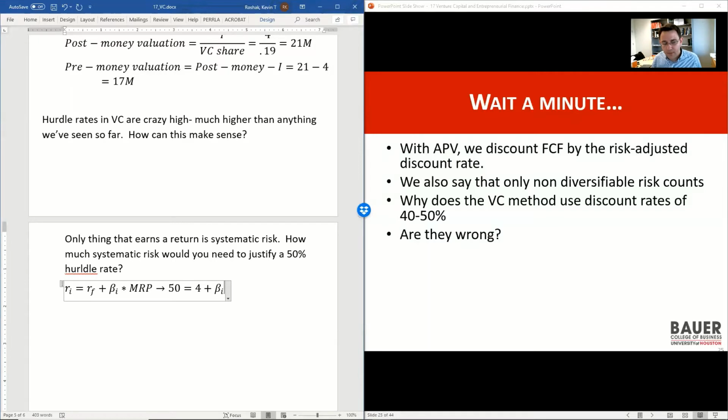And then we have a market risk premium of, say, 8%. Again, that's a little bit high, but just to be conservative, we can estimate what would be the lowest beta that could justify a 50% return. If you solve for this, you'll get a beta of almost 6. In order to justify a 50% return, the beta would need to be about 6.